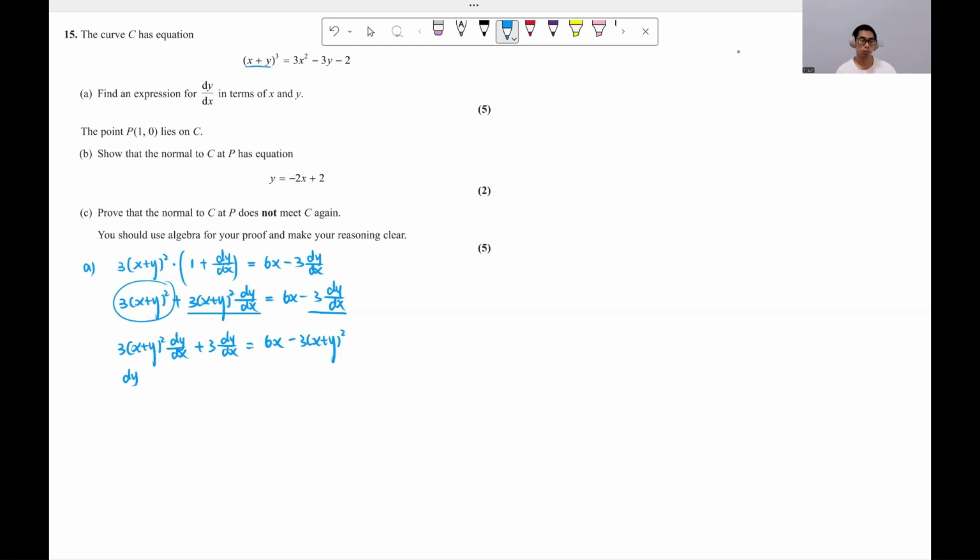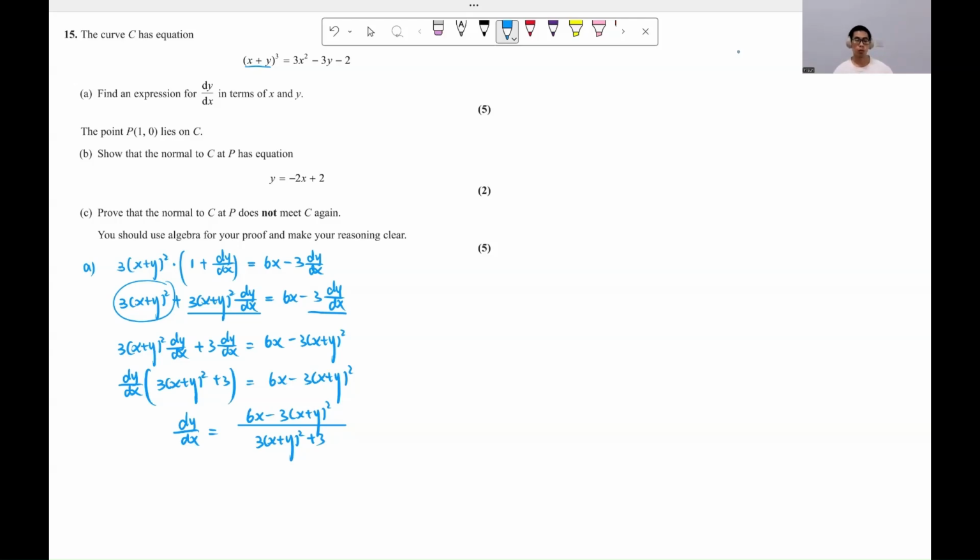So to make it just one, we factorize out dy/dx because that's a common factor. So that would be [3(x + y)^2 + 3] dy/dx equal to 6x minus 3(x + y)^2. So then dy/dx is equal to (6x - 3(x + y)^2) divided by (3(x + y)^2 + 3).